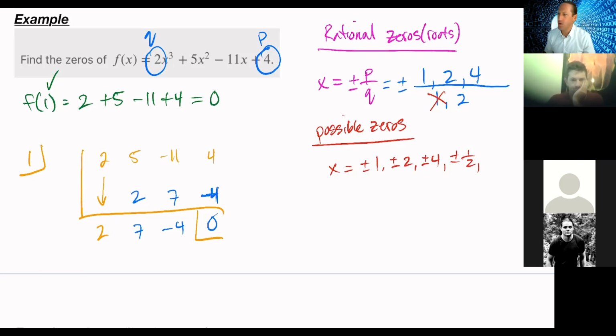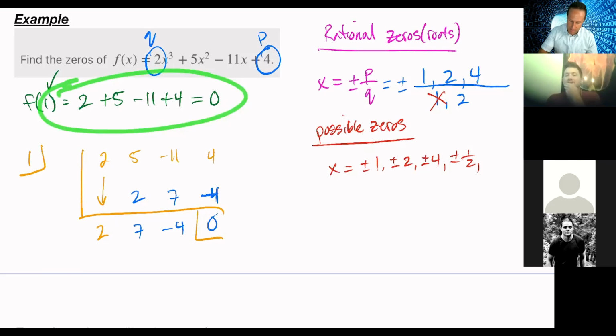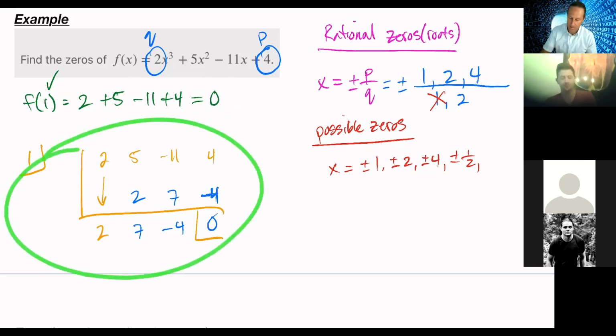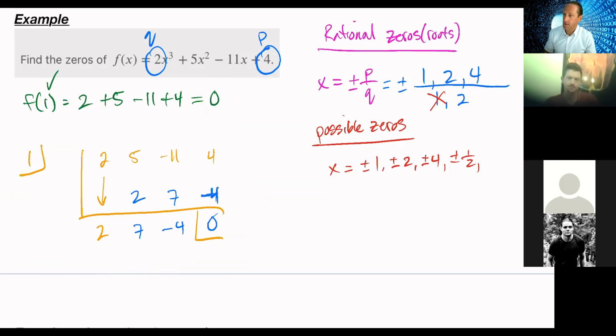And so you're like, well, why are you doing that? That was easier than this. So that's why we did it this way first. But this doesn't give me anything other than the remainder, where this gives me more.